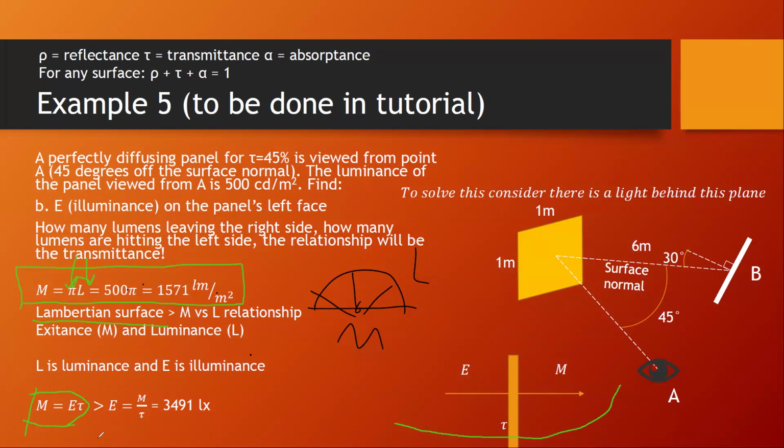That's why it has to be mentioned in the question. And once you have that, again, this is just plugging in the values. You have M calculated from there. You have the tau from the question, which is up here. You plug those in, and then you find your E, which is essentially what the question asks.